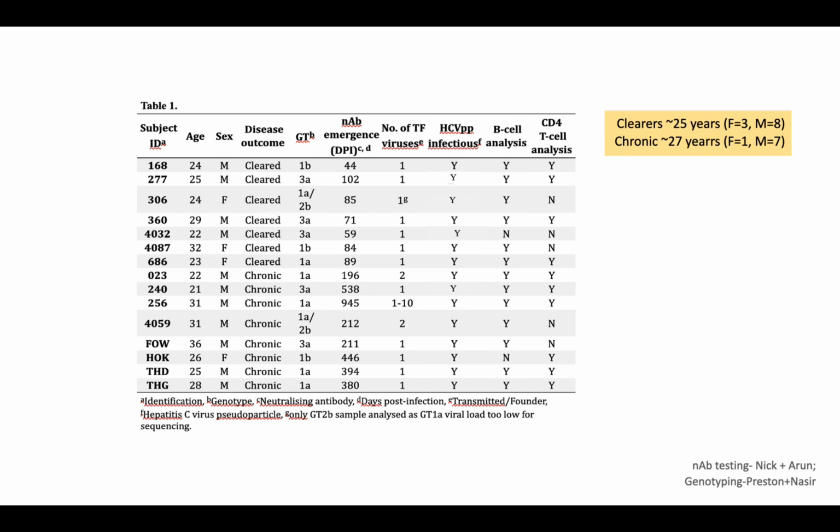This was identified with the help of other people in the lab: Nick Arun did the neutralizing assays, and Preston and Nasir over the years helped in genotyping these viruses, and the bioinformatics work. I was involved in the bioinformatics work.